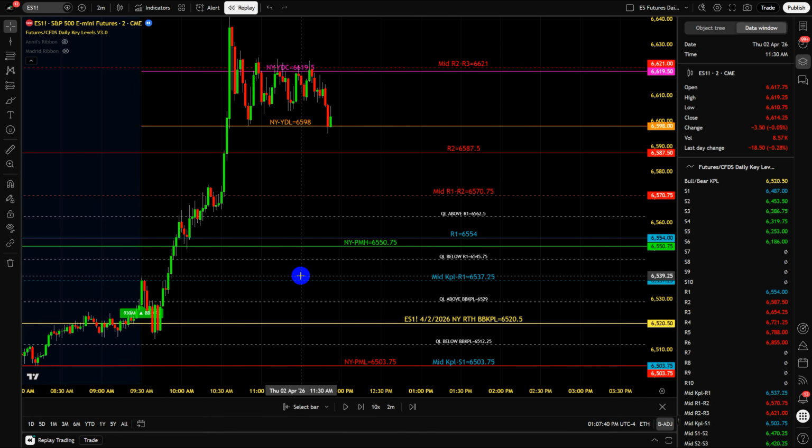Or you can keep all your contracts and move it to break even plus an initial profit buffer. How much of an initial profit buffer is done a little bit differently than it is with options. With options, we're looking at a 10 to 15% initial profit buffer because of the way options are. However, with futures, we're dealing in ticks. You can look at it in ticks or a point value.